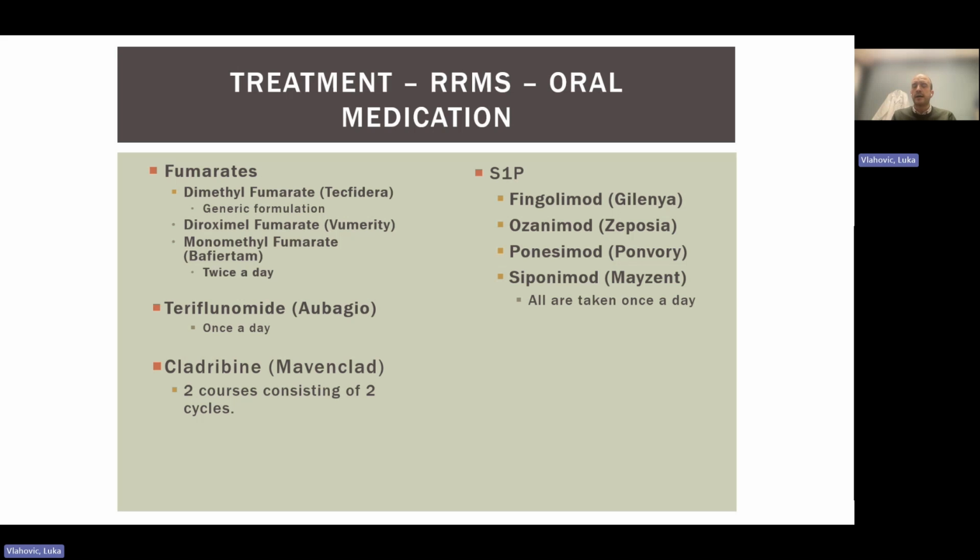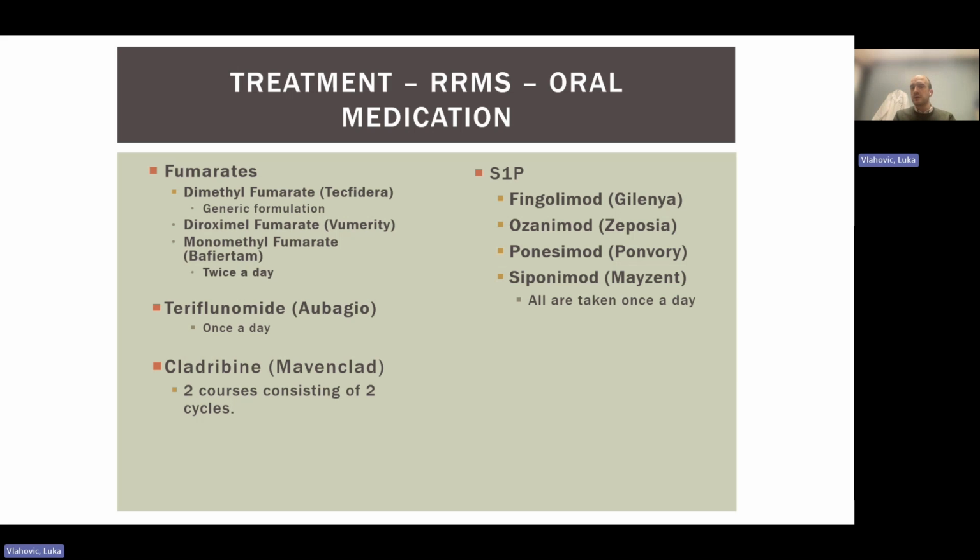All of these are various options that can be used, of different efficacy. Perhaps fumarates and Aubagio are a little bit less efficacious than S1P agonists, and then cladribine is considered a higher efficacy therapy and has a very unusual dosing regimen, as there are two courses given 4 to 5 weeks apart in 2 subsequent years, so nothing essentially needs to be taken in between. While these other medications are taken either daily or twice a day.